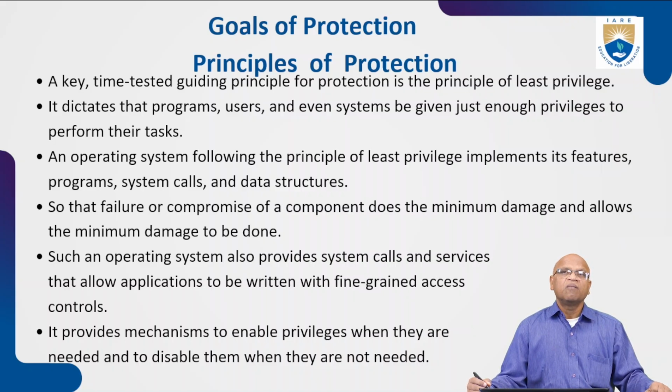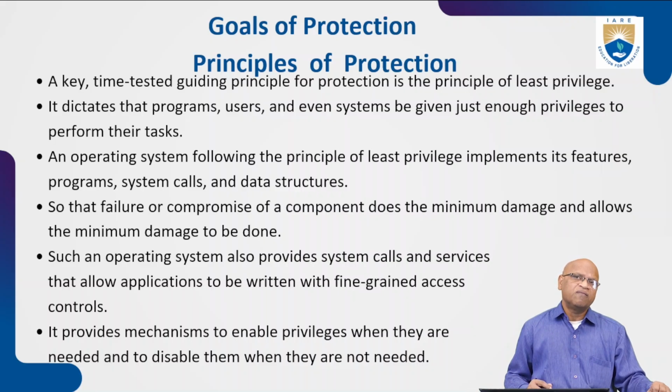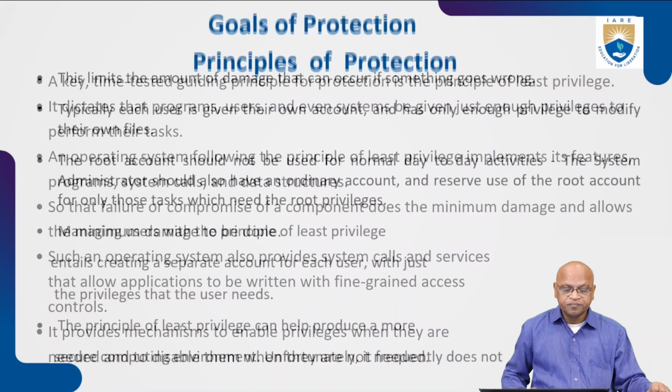The existing application program should not interfere with the application programs, so there should not be any damage. The failure or compromise of a component does the minimum damage. So if any problem is there, it should be very minimal. There should not be any problem to application programs. That is the main goal of our protection.